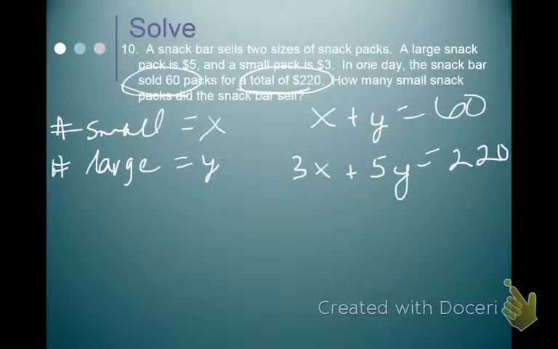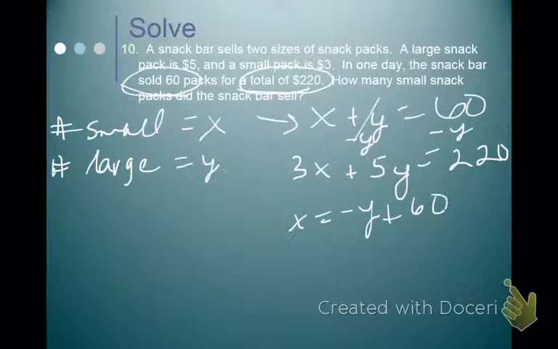And now we can approach this with the same process that we did before with solving by substitution. We need one of our equations to have one of the variables by themselves, so we know what x equals or what y equals. It's much easier if you take the first one and solve for either x or y. It doesn't matter. I'm going to solve for y by subtracting y from both sides.